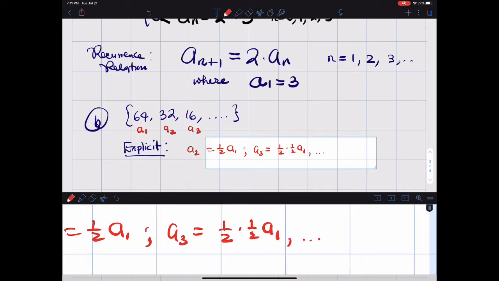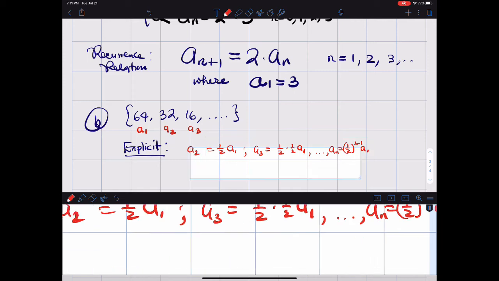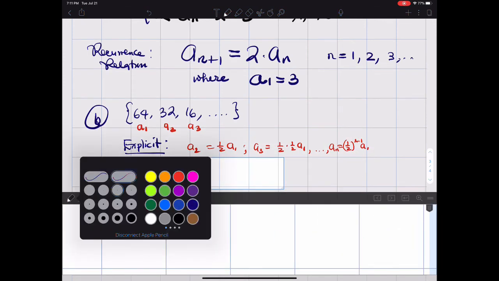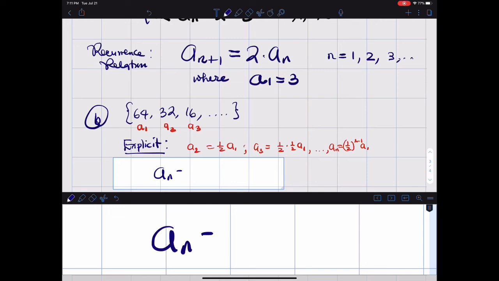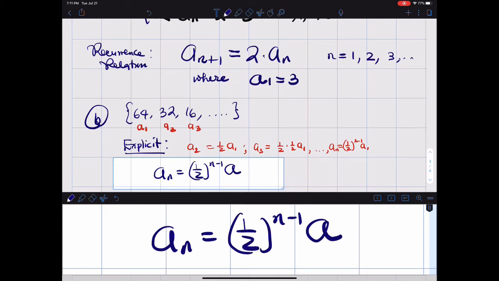So a_n is (1/2) to the power of n minus 1 times A1. But A1 is 64. You can write it as 64 times 1 over 2 to the power of n minus 1.